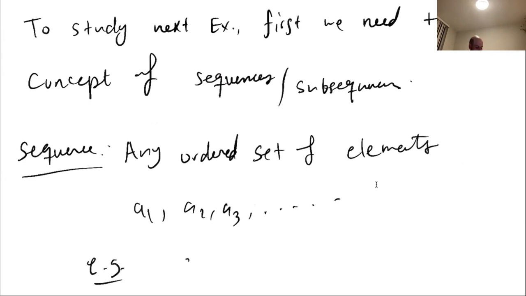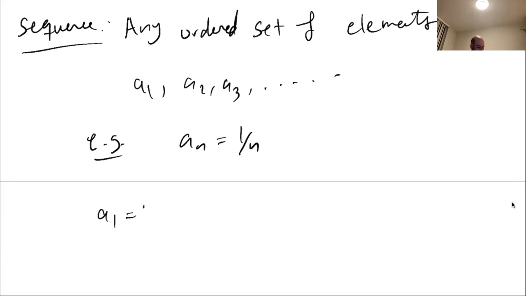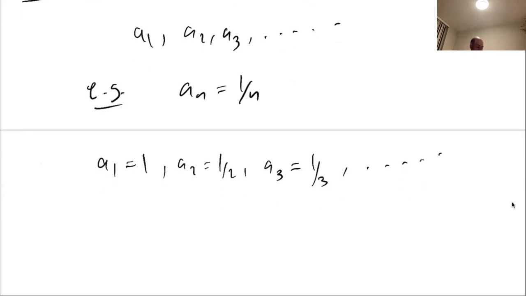For example, if I say An equals 1 over n, this is a sequence, right? Because I have the order, I can say A1 is 1, A2 is 1 over 2, A3 is 1 over 3, and so on. What about subsequence?